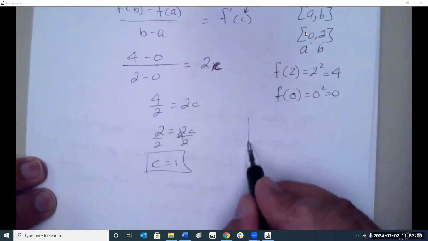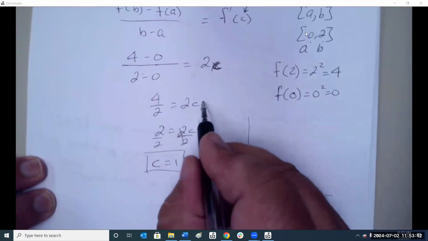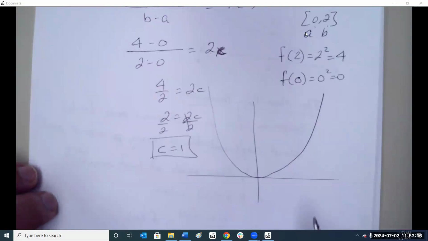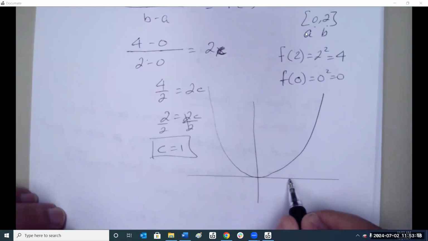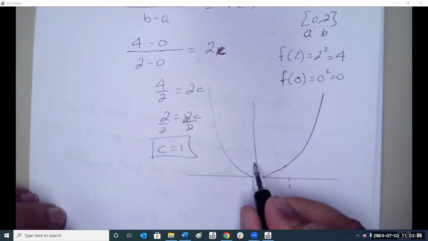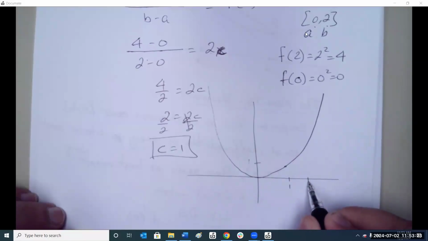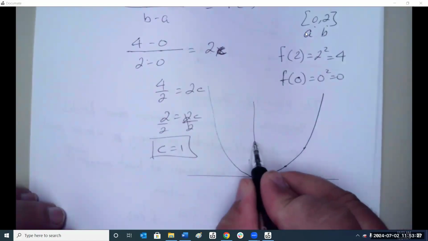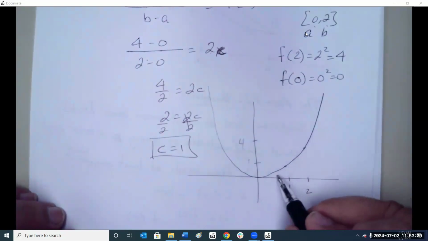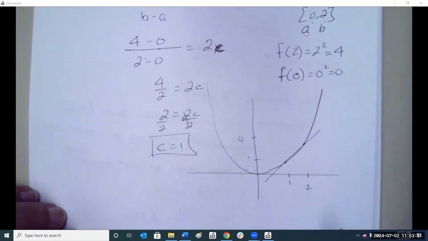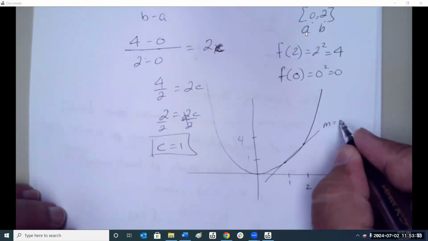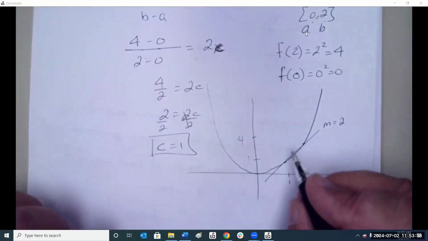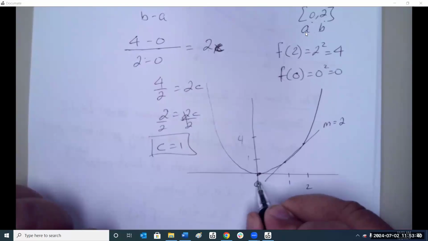So if we look at the graph of this thing, x squared looks like this. So when x is 1, y is 1. When x is 2, y is 4. So the slope here is 0, I'm sorry.